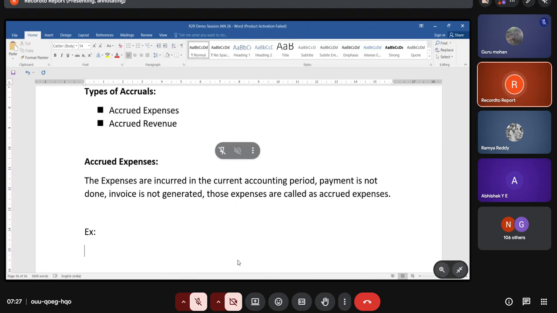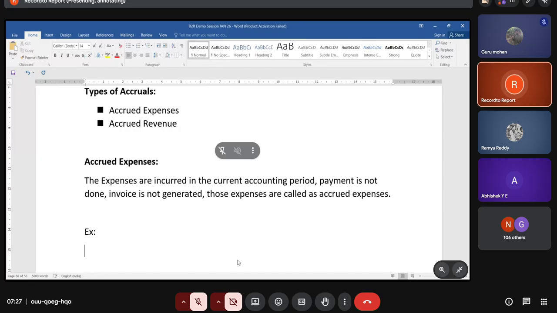The important thing is the invoice. Wherever the invoices are not generated and will be generated in the next month, those are called accrued expenses.